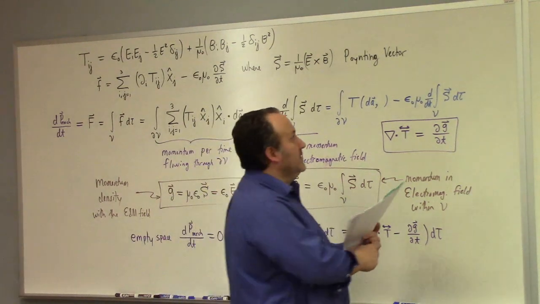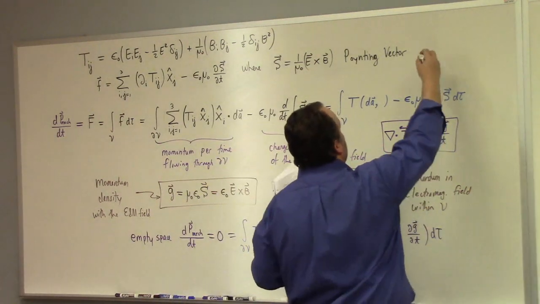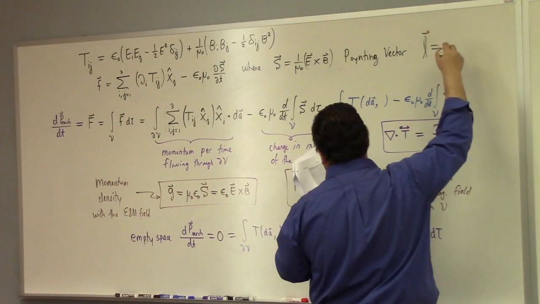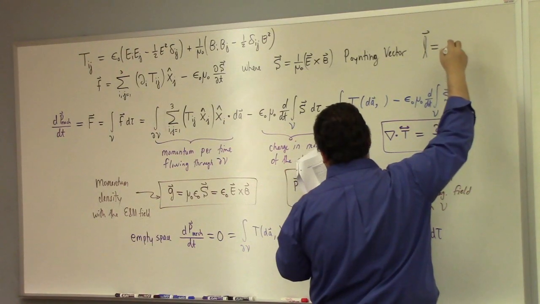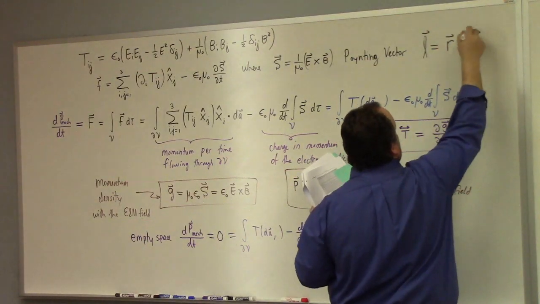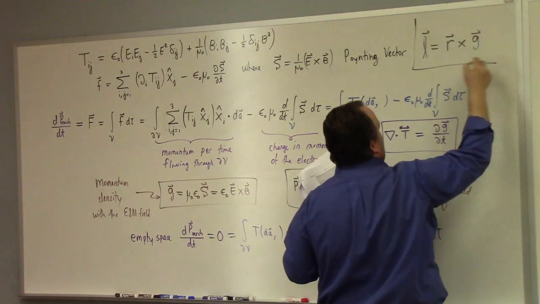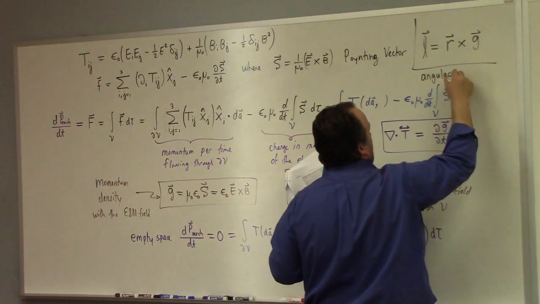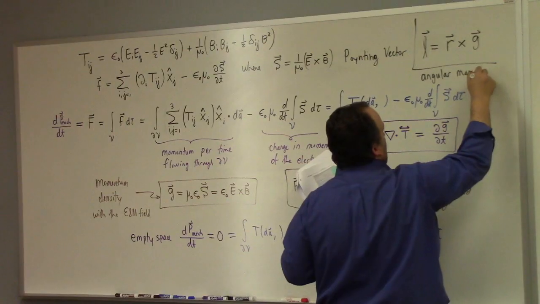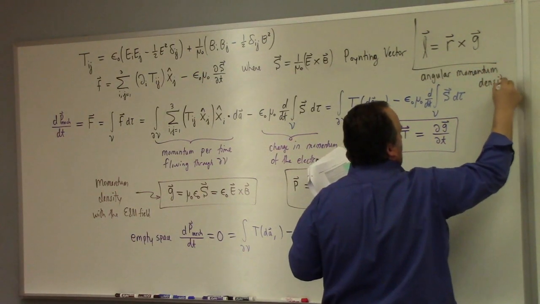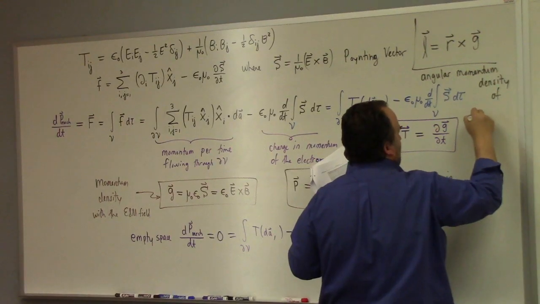angular momentum, L, all right, is equal to R cross G. Now, I said angular momentum, but this is actually angular momentum density of the electromagnetic field, right?